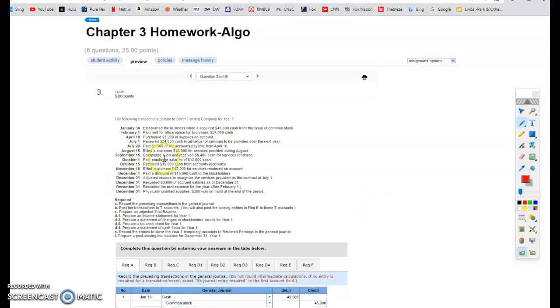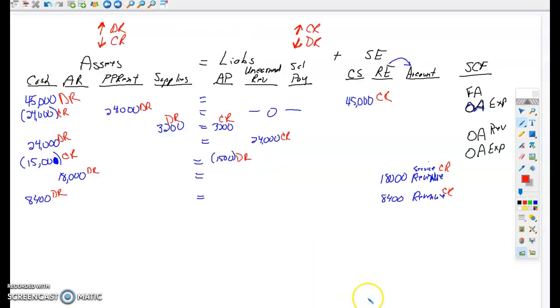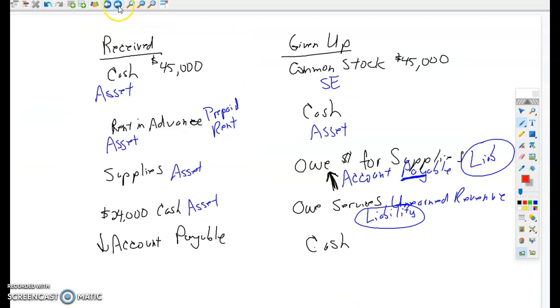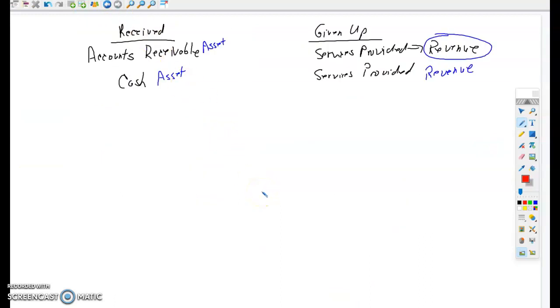October 1, paid an employee salaries of $12,000 cash. Paid the salaries, $12,000 cash. So what we gave up is the easy one because we gave up cash. What are we getting? Well, employees worked for us.